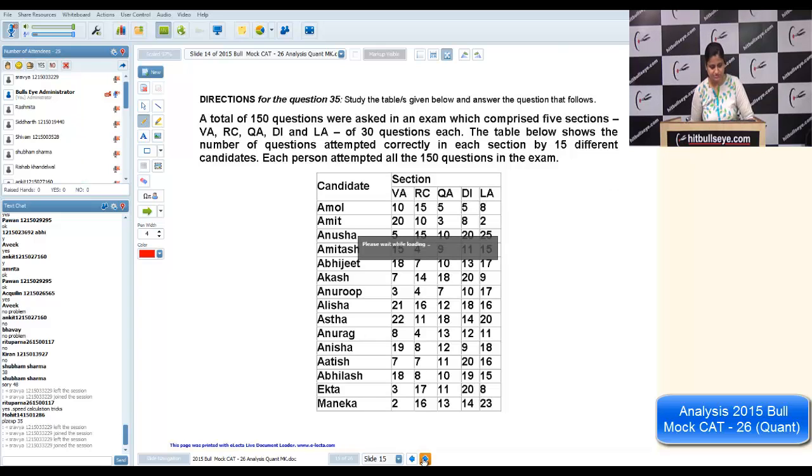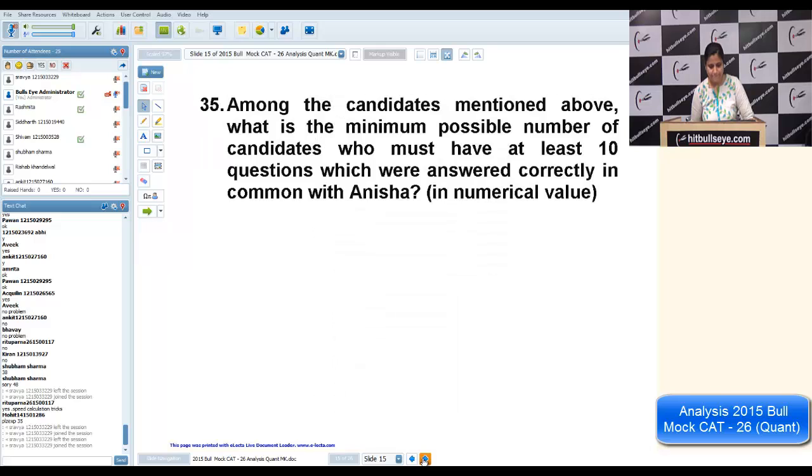Now coming to the question: among the candidates mentioned above, what is the minimum possible number? A keyword, minimum possible. We want to minimize something. Minimum possible number of candidates who must have, that was the second keyword, must have at least 10 questions answered correctly in common with Anisha.